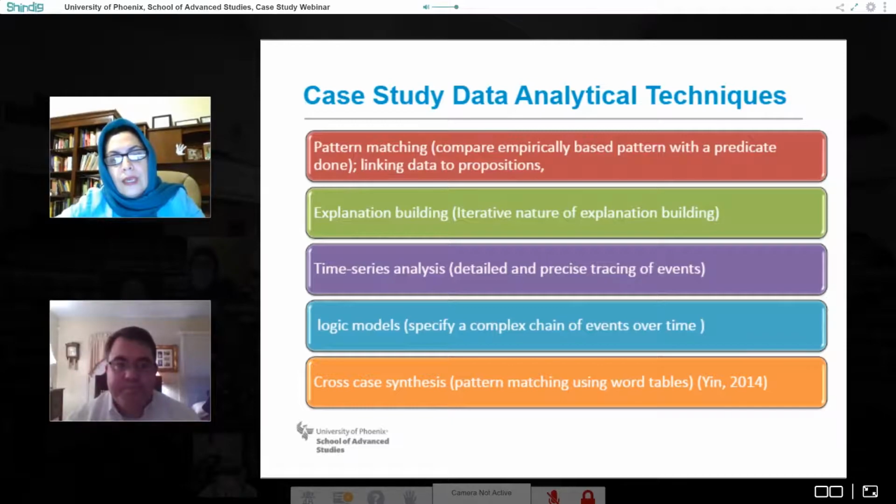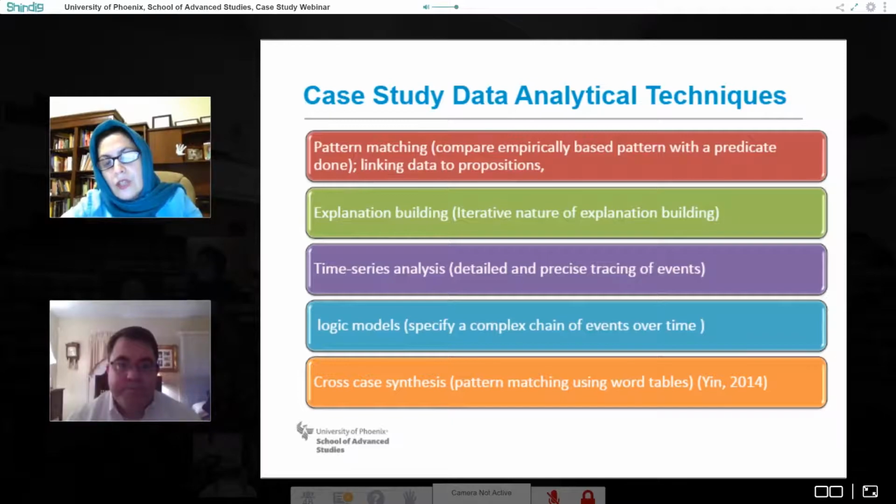You may go with explanation building, going through the collected data, explaining, and then adding more to the previous explanation. You may go with the detailed, precise tracing of events if you're collecting data about events.